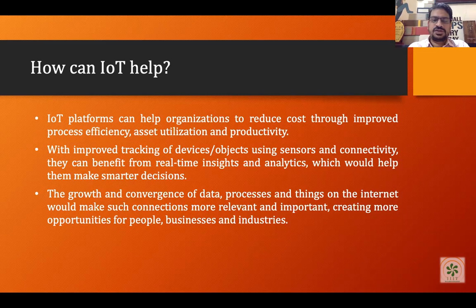The growth and convergence of data, processes, and things on the internet would make such connections more relevant and important, creating more opportunity for people, business, and industries. So this IoT is helping us in many ways. You might know the applications of smart cities, right? In a smart city, as we all know, without IoT infrastructure, a smart city is not at all possible.